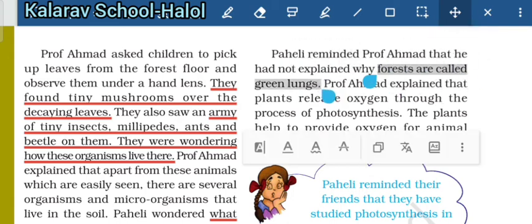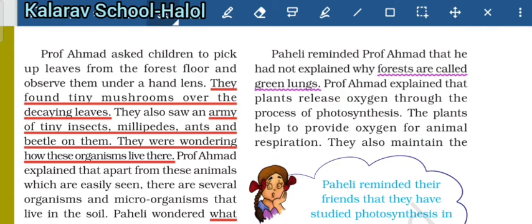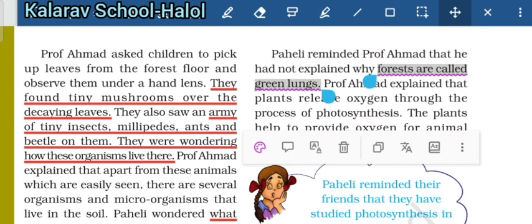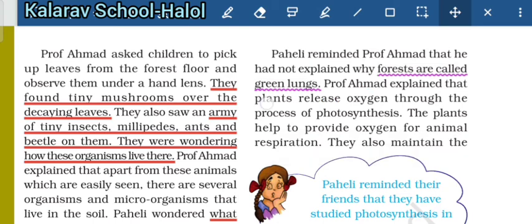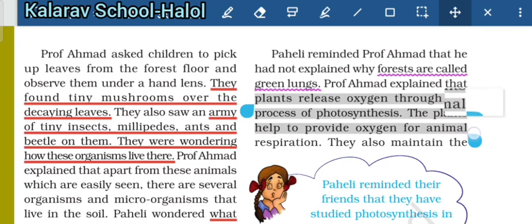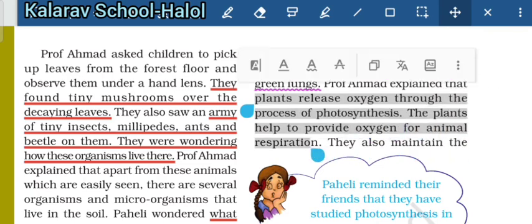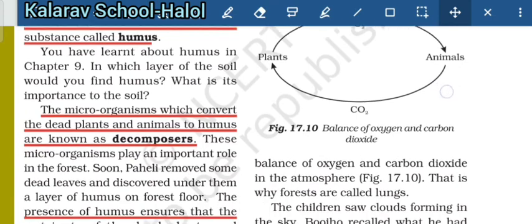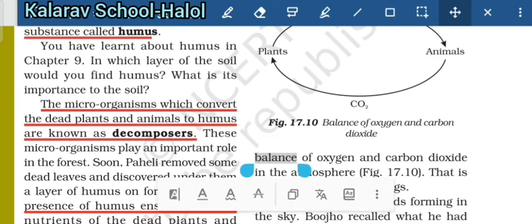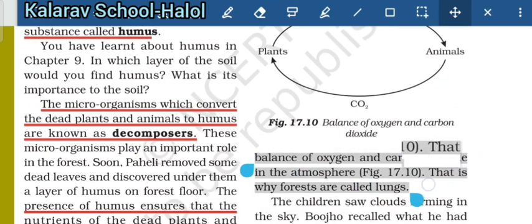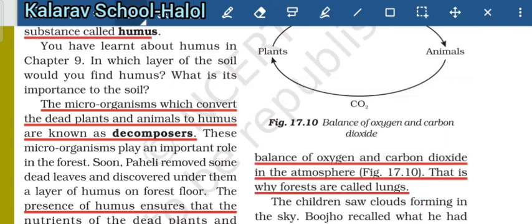So why are forests called green lungs? Because plants release oxygen by the process of photosynthesis. Plants help to provide oxygen for animal respiration, and they also maintain the balance of oxygen and carbon dioxide in the forest. That's why they are called lungs.